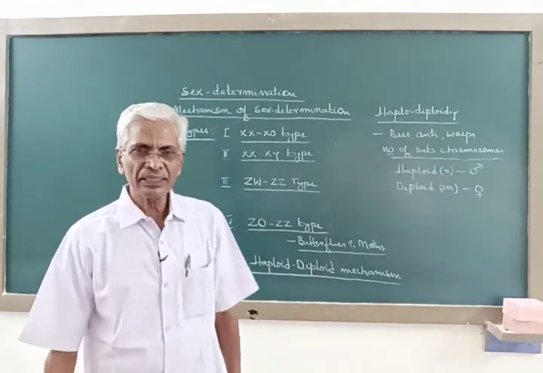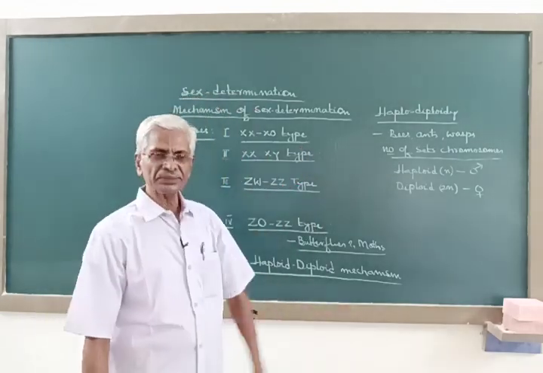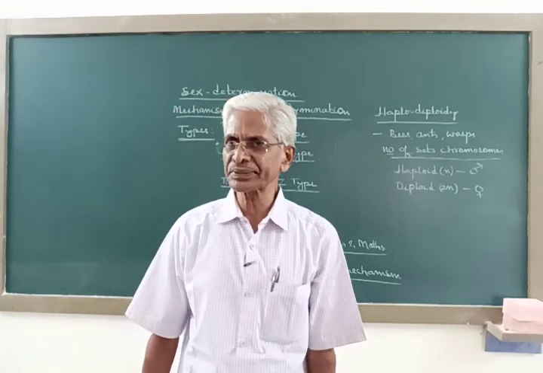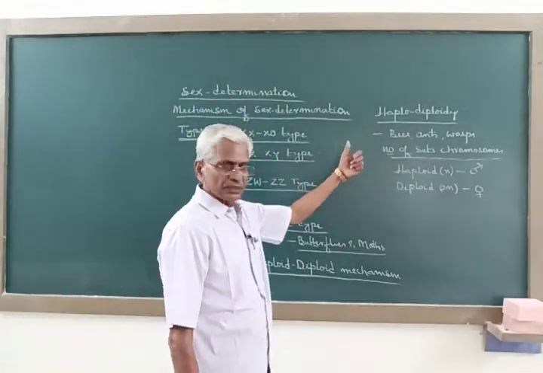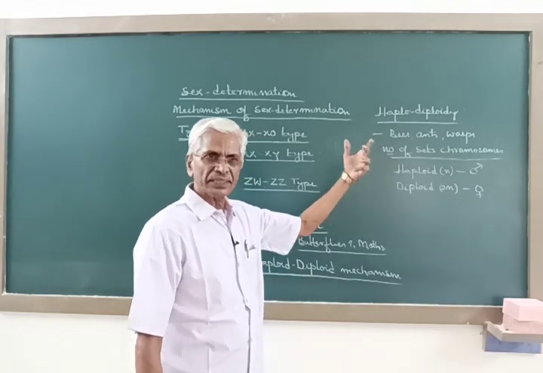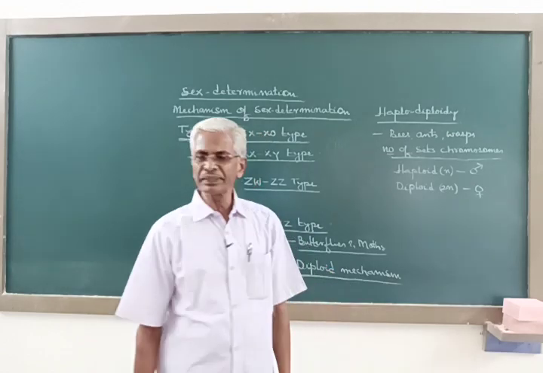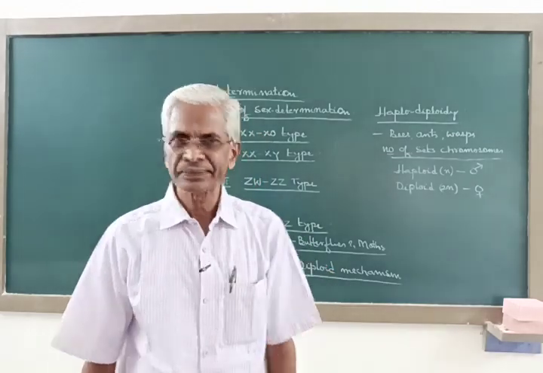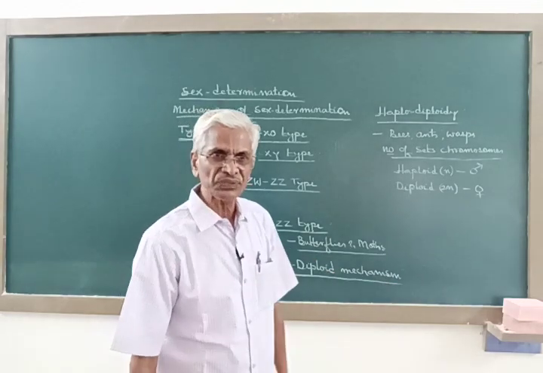So unlike in the earlier mechanisms, here the sex is not dependent on the number or the types of the sex chromosomes, but here the sex is established on the basis of number of sets of chromosomes.